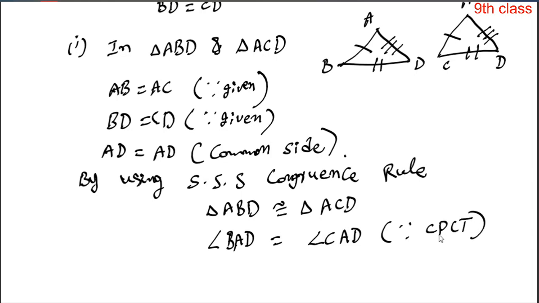What is the meaning of CPCT? Corresponding parts of congruent triangles. So these two angles are equal, angle BAD is equal to angle CAD. So AD bisects angle A.